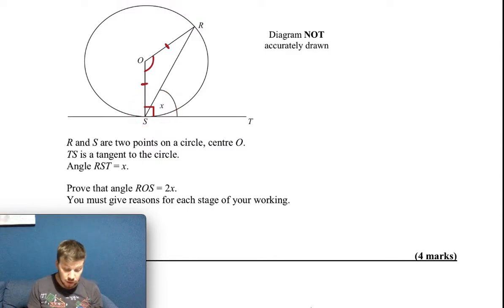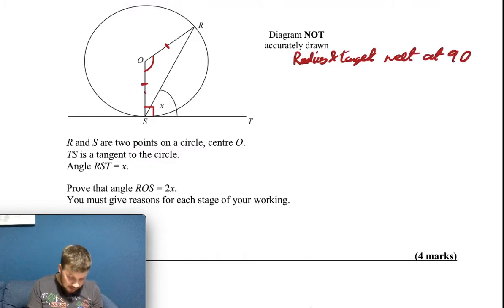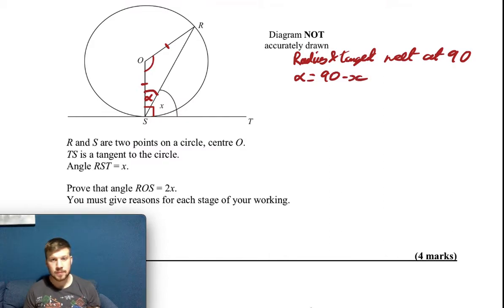So, using the fact that a radius and a tangent meet at 90, I can say that this angle here, let's call it alpha, alpha is equal to 90 take away x. Perfect, I've got this idea now.